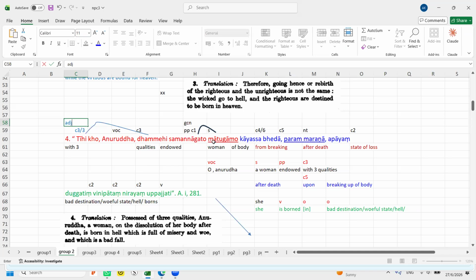and then this one, you can use it, matugamo, means matugama.